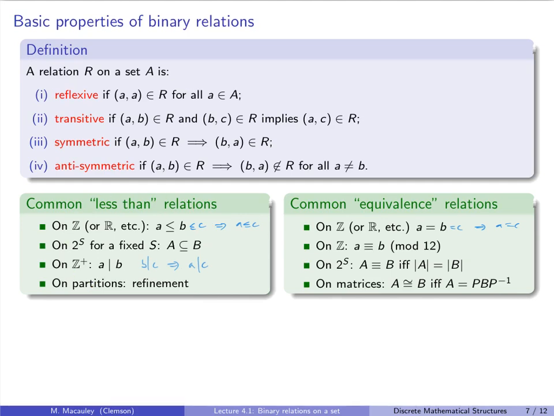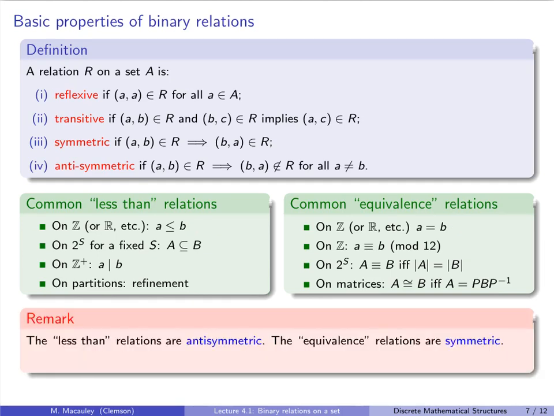So if A and B are distinct, then A less than or equal to B means that B is not less than or equal to A. Same thing with subset containment, and the same thing with these things as well. So the takeaway message is that the less than or equal to relations are antisymmetric, and the equivalence relations are symmetric, but both of these are reflexive and transitive.